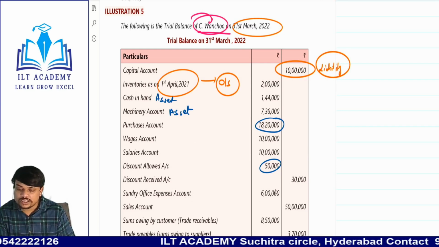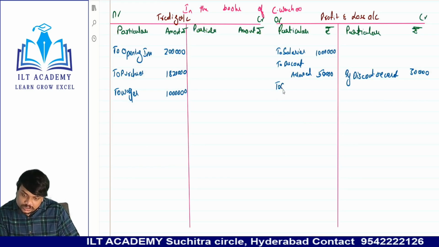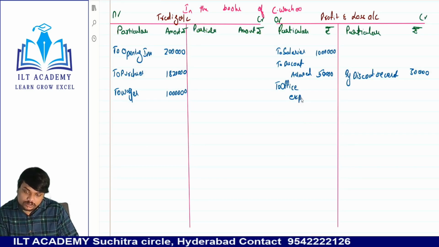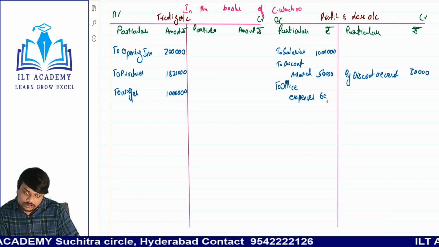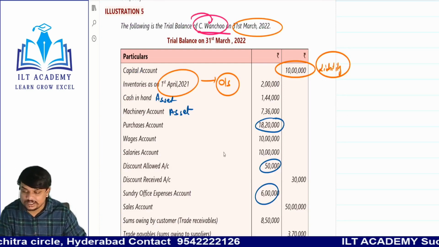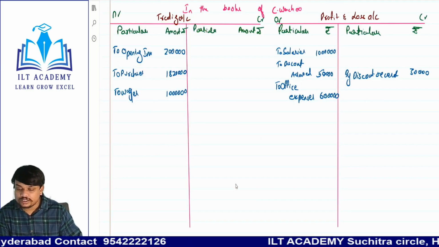Sundry office expenses 6 lakhs. Office expenses are 6 lakhs. Next, sales account we are having 50 lakhs.